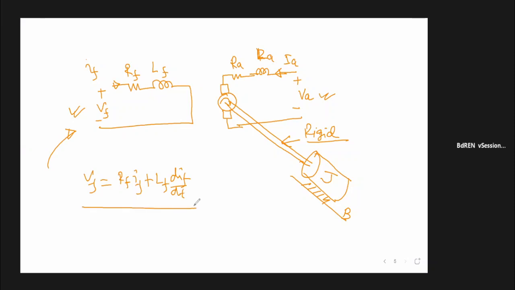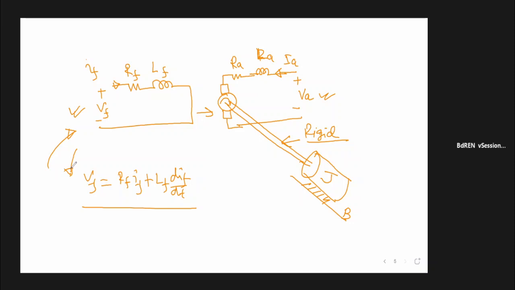So this is a separately excited motor, so this circuit is separate. But how are they connected? They are connected magnetically, because this current IF will be producing a flux. That flux will create something inside your motor. So this is the field circuit equation, if we neglect any coupling effect between field and armature windings.